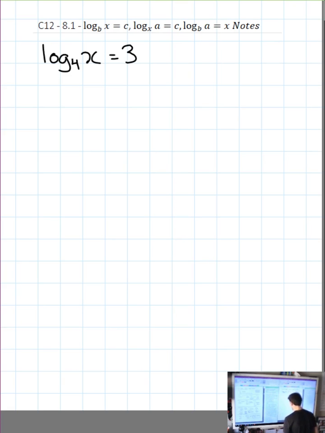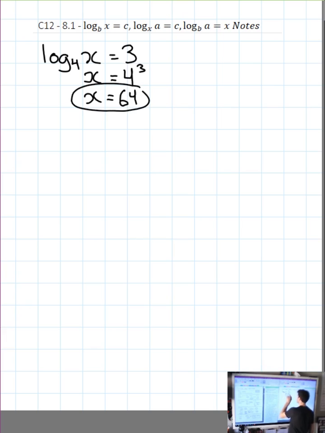Well, now the variable is in the place of the log. Again, we're going to change from logarithmic form to exponential form. The thing you're logging equals the base to the other side. And 4 cubed is simply 64.